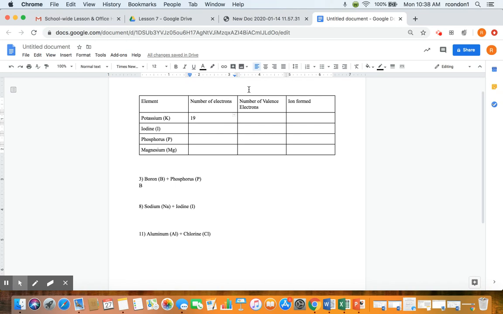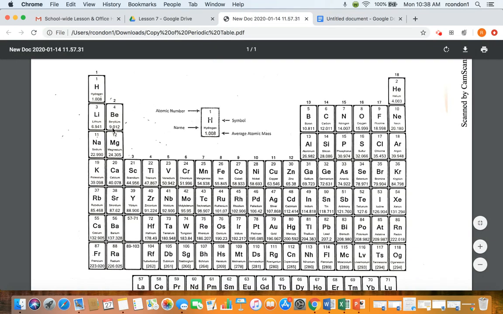So this is where using the periodic table really is important. So these groups or families are organized to tell us exactly how many valence electrons a given element has. So these first two, think about these numbers, right? 1, 2. So this family, the alkali metals, has 1 valence electron.